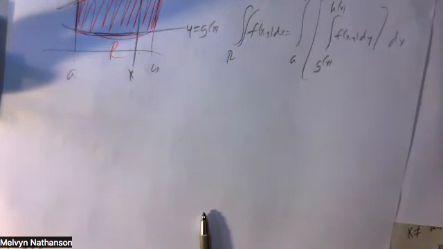And that's an iterated integral of a function over a region which is not a rectangle, but which is bounded by two lines parallel to the y-axis and by functions g of x and h of x.